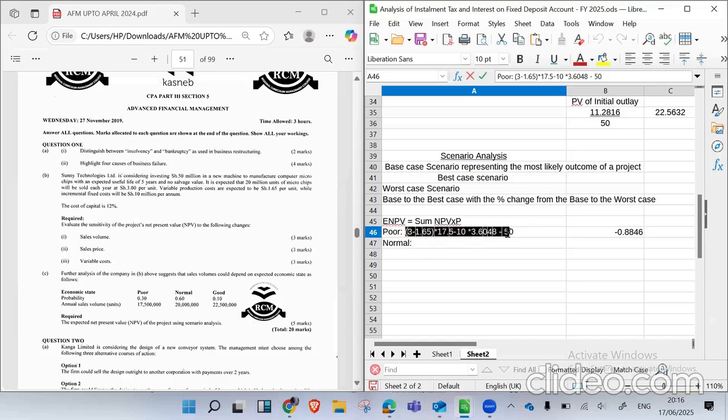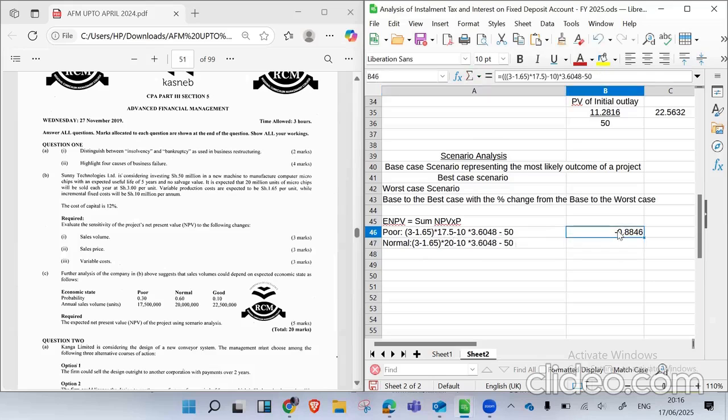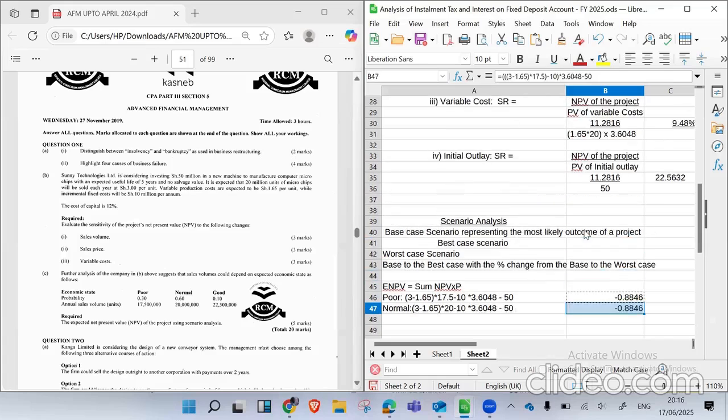So under the normal, the only thing that is changing is the quantity. And actually for normal we had already obtained it, there is no need to repeat. If you repeat, you'll still get the same amount, because the normal one is what we had above.